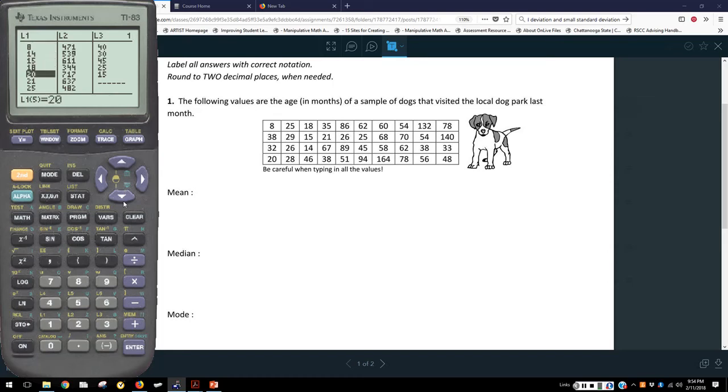So we scroll carefully through the list, and so far I see 2 25-month-old dogs, and I see 2 26-month-old dogs. But I see 3 38-month-old dogs. So right now, 3 is the candidate for the mode, unless I see something that shows up more often than 3 times.